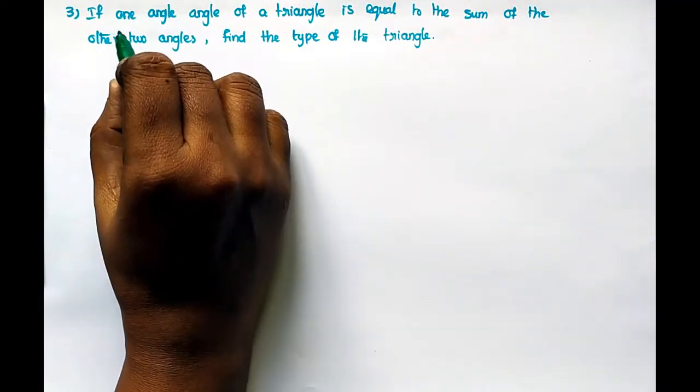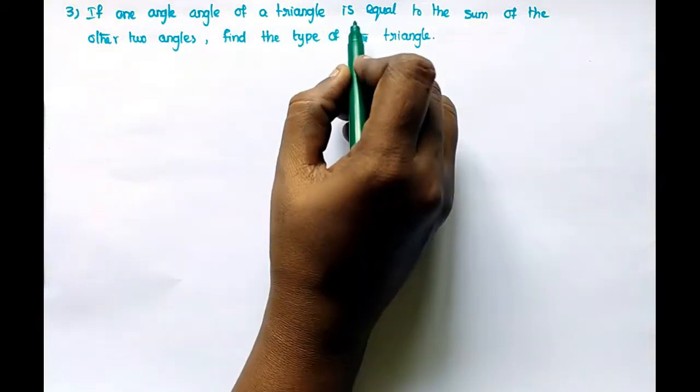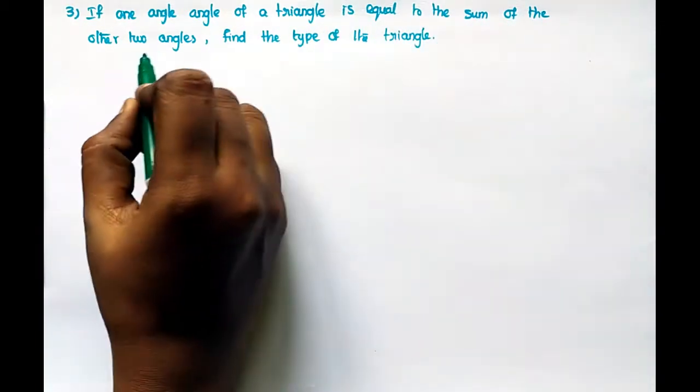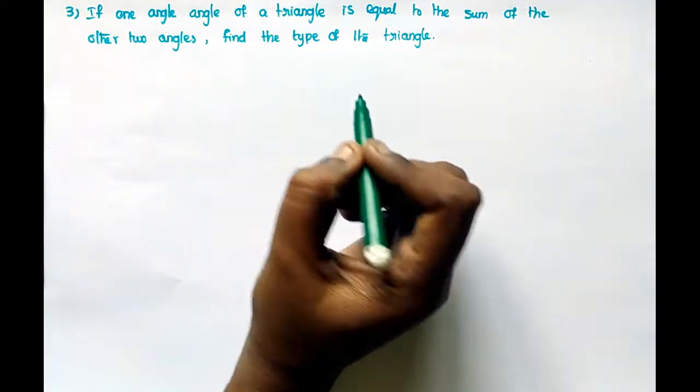Third sum. If one angle of a triangle is equal to the sum of the other two angles, find the type of triangle.